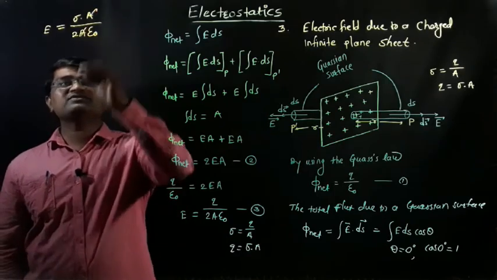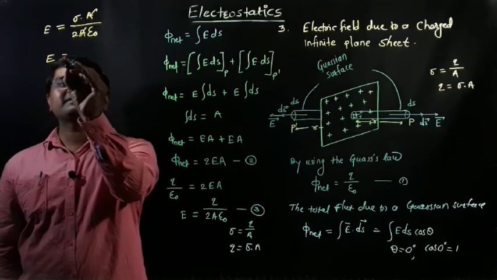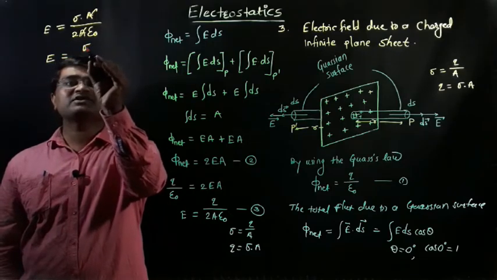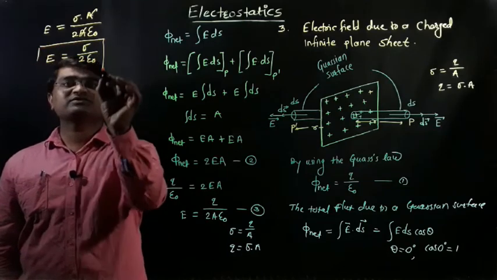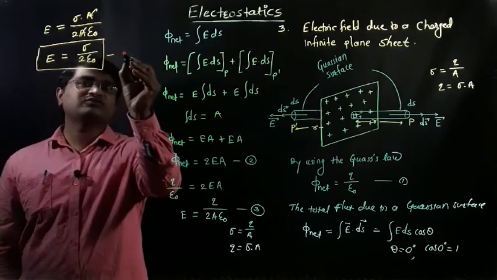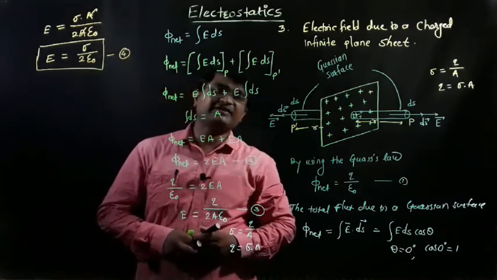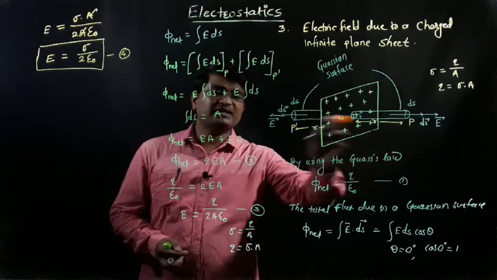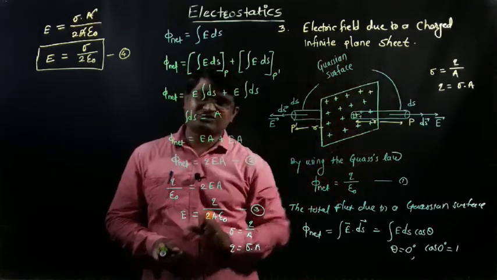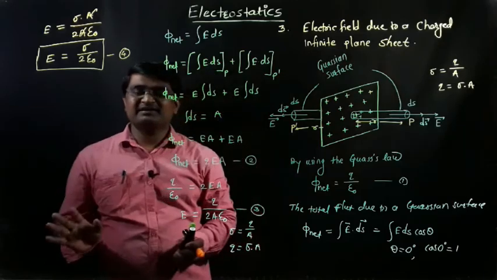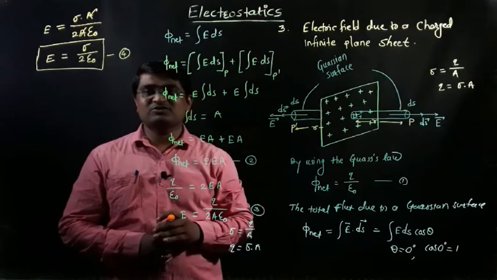A gets cancelled, and finally E is equal to sigma upon 2 epsilon naught. This is equation number 4, which indicates the electric field intensity at the points P and P dash at the distance r due to the infinite plane sheet. It is very easy and very simple, and this is our third application of Gauss law.